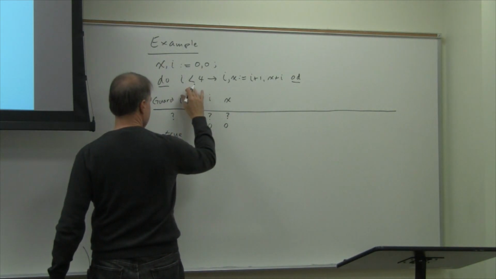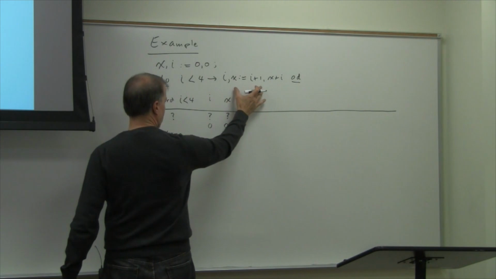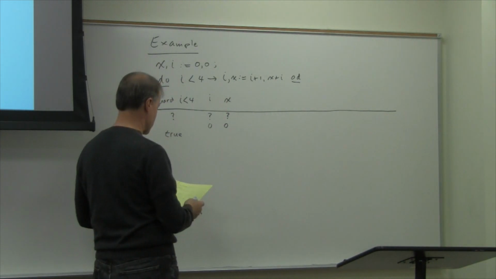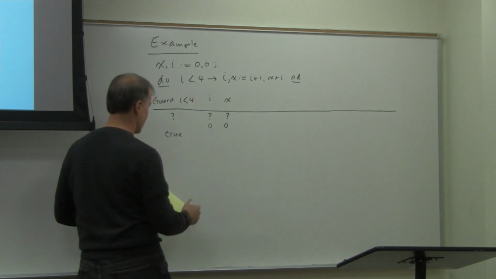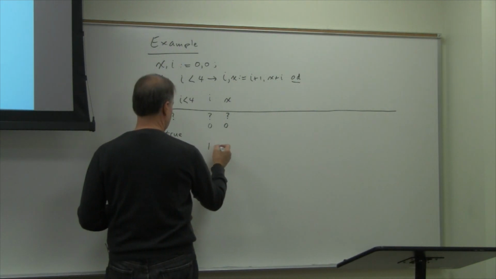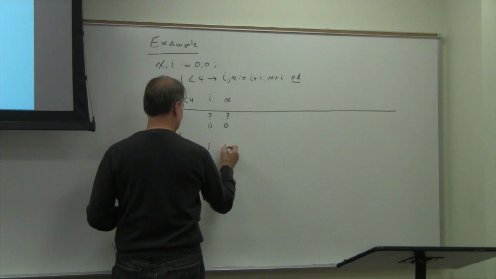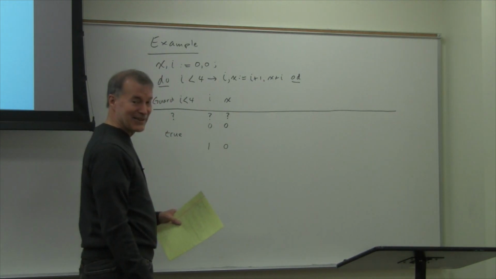And because this is true, then on the next line, we'll put what i and x get. So what happens if you do i gets i plus 1, x gets x plus i? What's the value of i and what's the value of x? 1 and 0. Yeah, okay. Are we good?